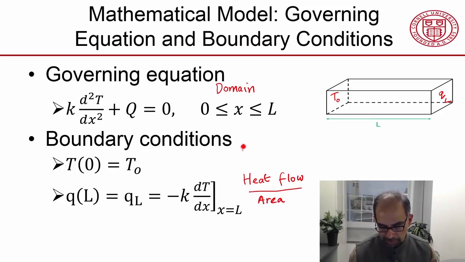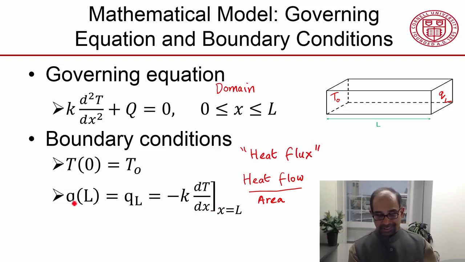It's called heat flux. Earlier I used Q for heat flow, and now I'm using it for heat flux. My bad notation. So you have to be careful whether what we're talking about is heat flow or a heat flow per unit area. In this case, it's a heat flow per unit area.